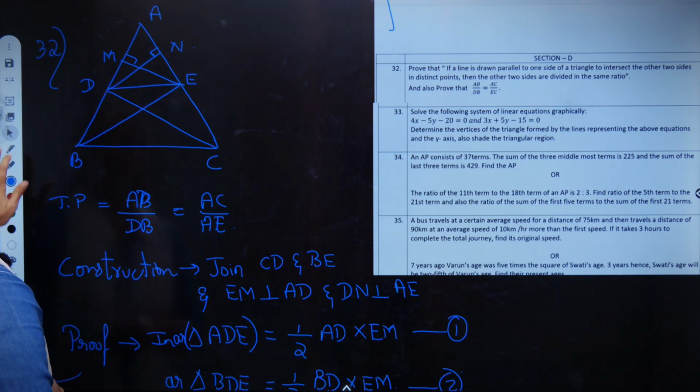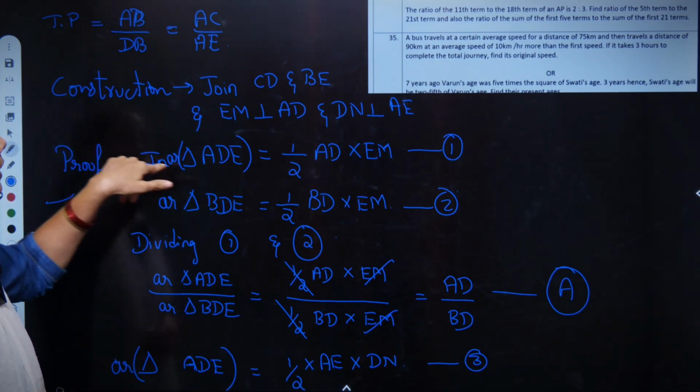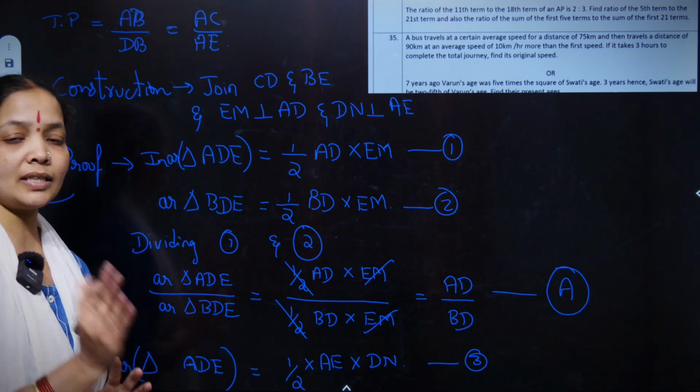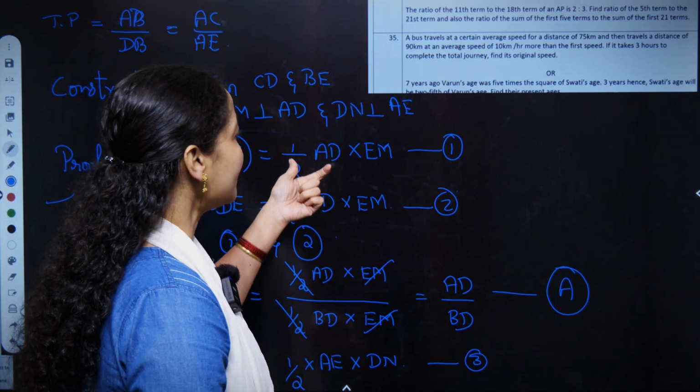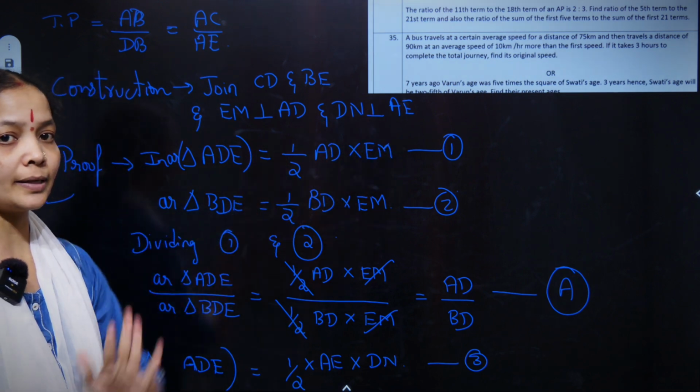Now if I want to find the area of the triangle here, if the area of triangle ADE is considered, it is nothing but half base into height. So my base is AD and height is EM, so it will be half into AD into EM.